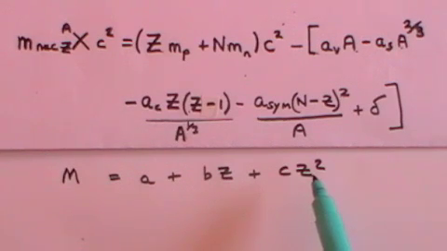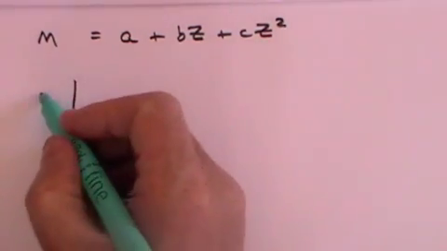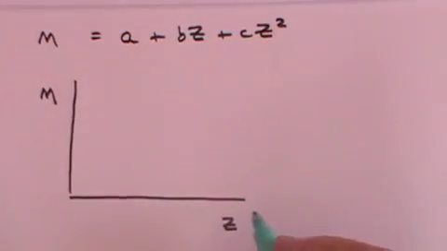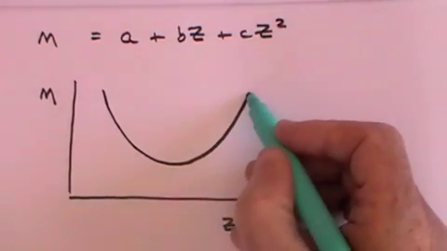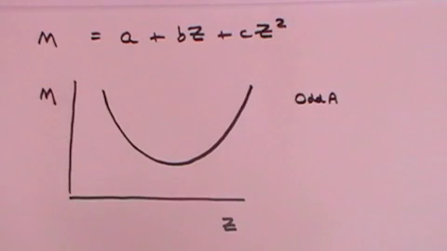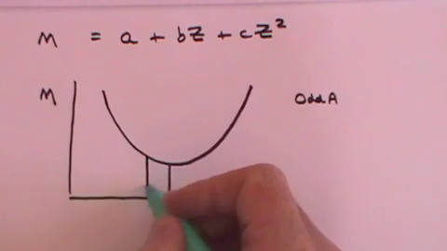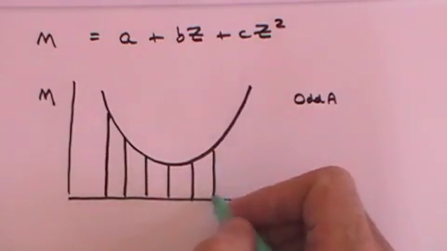What that means is that if you plot the mass energy against different values of Z, I'm going to find a parabola that looks like this. Now, if this is an odd A, that is to say the nucleon number is odd, 117, 79, not even, what you're going to find is that for all the values of Z, you're going to get different energies, and those energies will fall on a parabola.